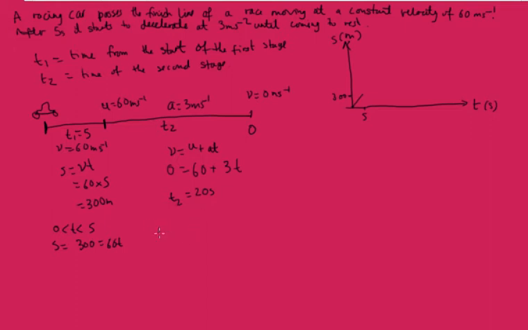Now we can use V squared equals U squared plus 2AS to find the displacement. So it'll be 0 equals 60 squared plus 2 times minus 3 times S. S2 is going to be 600 metres if we rearrange it.